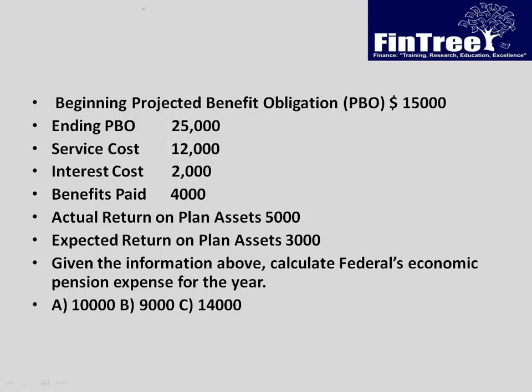What is happening for accounting purposes? In fact, let's calculate the accounting expense. So how is accounting expense calculated? Service cost 12,000, interest cost 2,000, plus there is no prior service cost, so there is no plus, minus the expected return on assets, which is 3,000.